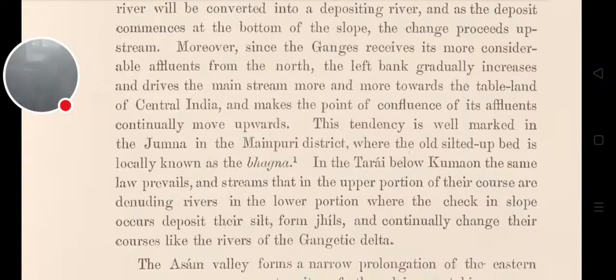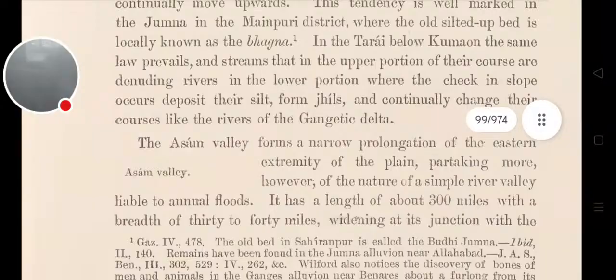This tendency is well marked in the Jamna in the Mainpuri district, where the old silted up bed is locally known as the Bhagna. In the Tarai below Kumaon, the same law prevails, and streams that in the upper portion of their course are denuding rivers, in the lower portion where the check in slope occurs deposit their silt, form jheels, and continually change their courses like the rivers of the Gangetic Delta.